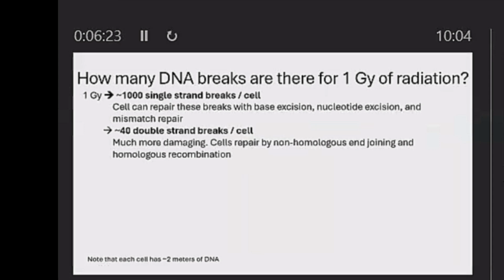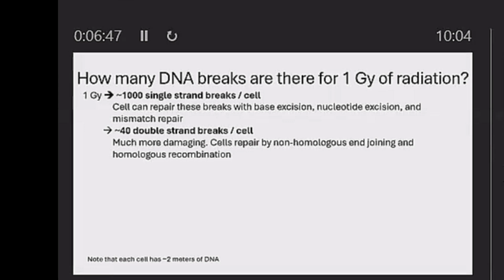So you get one gray, you have about 1,000 breaks in that DNA. Your cell is very good at repairing single-strand breaks. But again, the double-strand breaks are more difficult and require these more elaborate repair mechanisms.